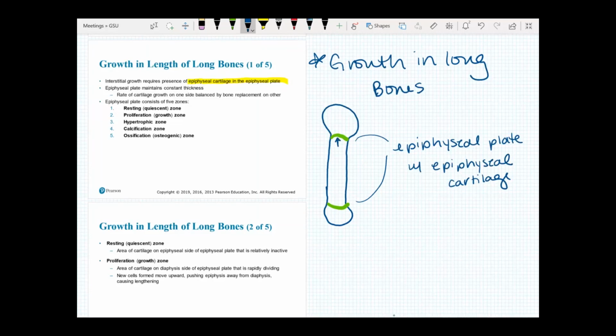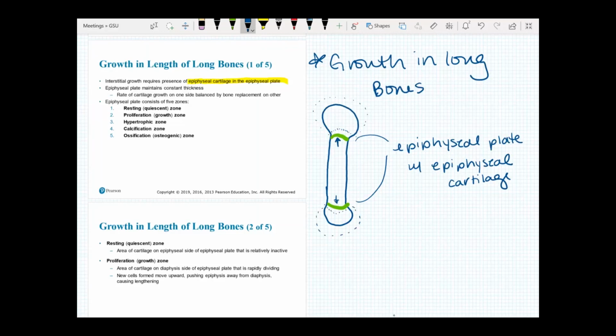So it will grow larger and your epiphyseal plate will grow higher, and it'll essentially push everything, making the long bone longer. This will occur at both ends. It's not just one. So this is how you're going to get bone growth. It's essentially going to push the epiphyseal plate further away from the middle of the bone.